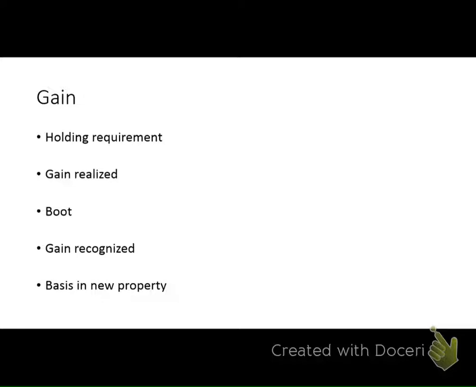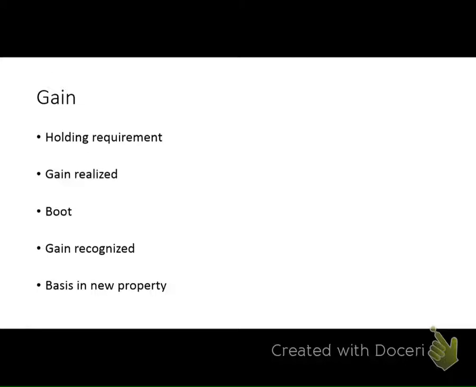They are boot. So anything that's not part of the like-kind property is boot. There are two types of boot: cash boot and property boot. In the example I just gave, the chocolate bars and the motorcycle are property boot. If we also threw in $10,000, that would be cash boot.